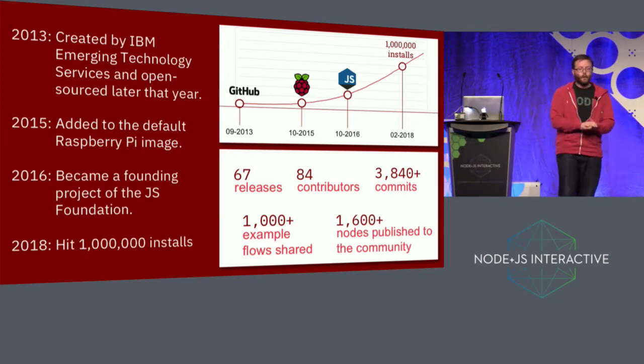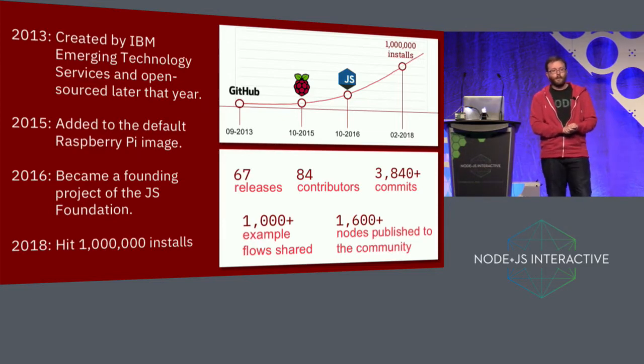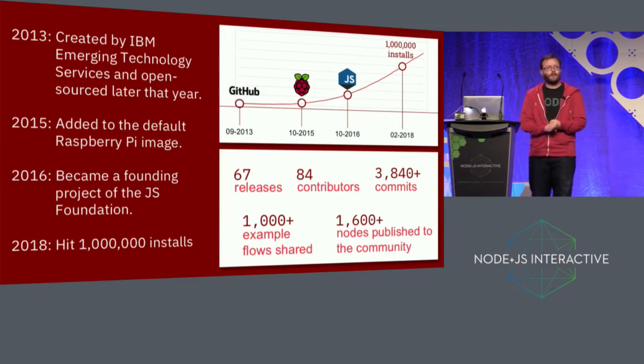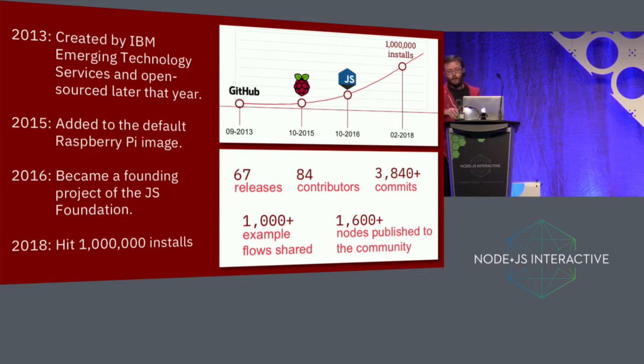And it has grown quite a nice user community around it, to the point where in 2015, NodeRED got added to the default Raspbian image on the Raspberry Pi, the small-scale computer, which I'm sure you're all familiar with, and I've got a few of them dotted on the stage, see if you can spot them.